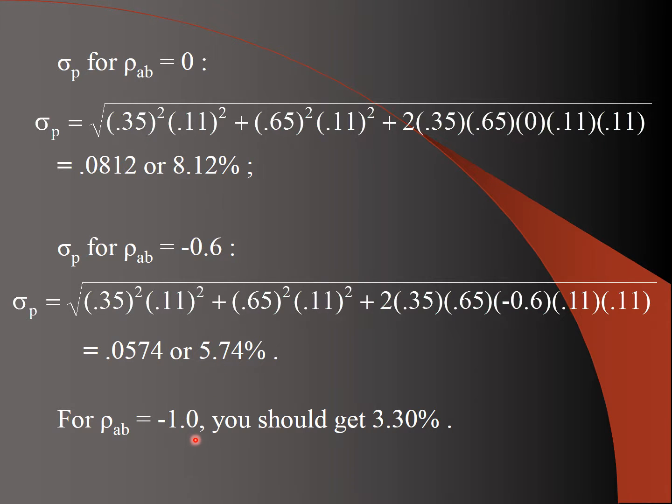And then you could do this exercise on your own if you wanted to look at the correlation coefficient for stocks A and B, assuming they had perfect negative correlation, you would get 3.3%. So you don't diversify away all the risk, but you're able to get some of that risk, or actually most of that risk away. You're just left with a little bit.